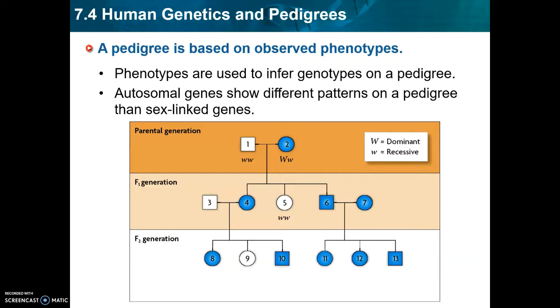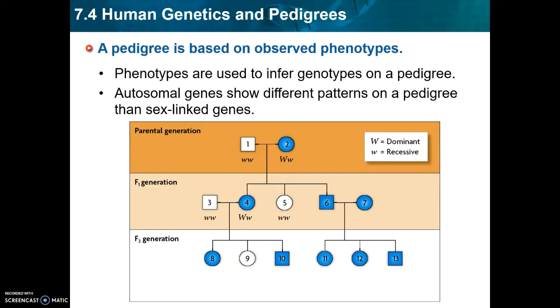All right, now we're going to look at individual number 3. Individual number 3 was an easy one, homozygous recessive. Again, unshaded, therefore they're showing the recessive phenotype, so they must have 2 lowercase w alleles. Now on to individual number 4. This person has to be heterozygous, and the way we know is we look at her parents.